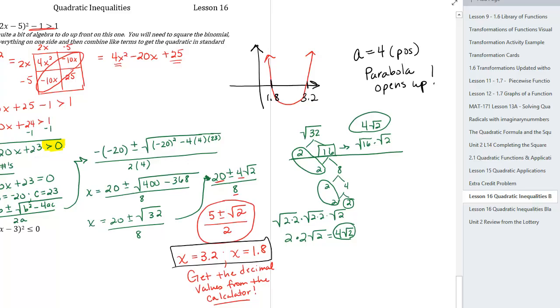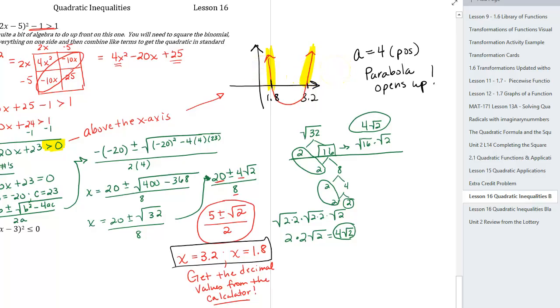Well, that would be above the x-axis. So the parabola is above the x-axis here and here. So rather than being in the middle, that would be the solution if the inequality was less than 0. It's going to be this interval and this interval.